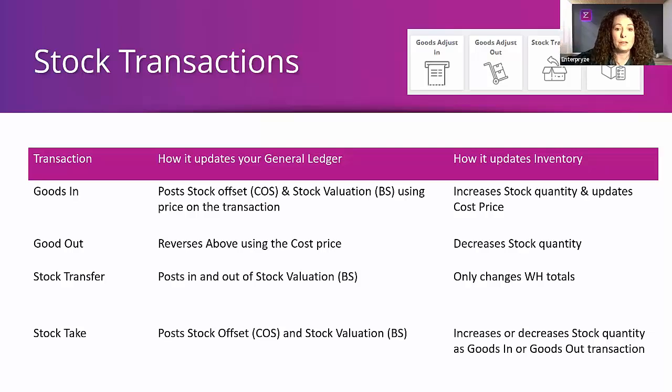So all of the GL accounts that have been defined in the system are all at your item group level. That's how the definitions have been done to date. And of course, then the other side of that then is the stock valuation or your stock account on your balance sheet to move that amount or to move that value based on, again, the current cost price or the current moving average price. And that's what it's taking on the stock take.